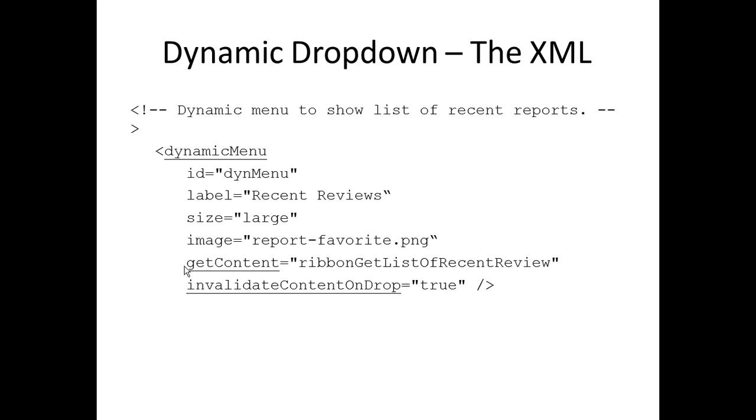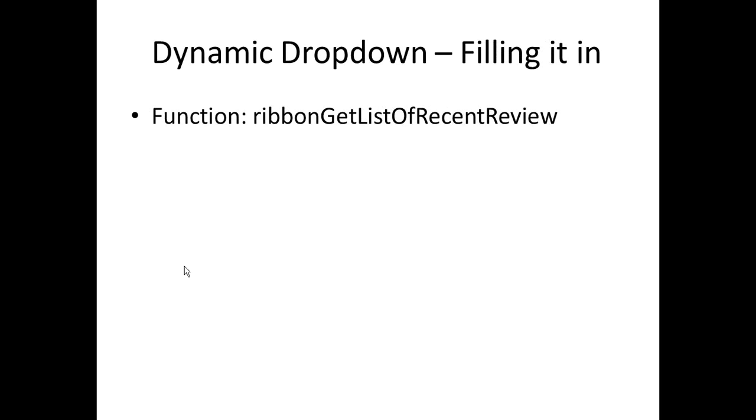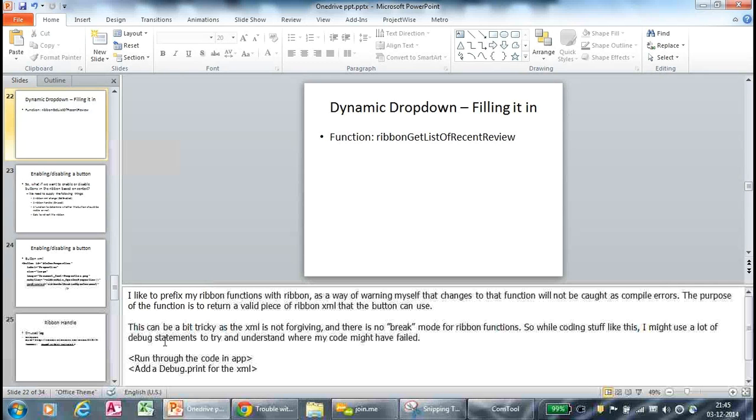So let's go look at the function to fill in the menu. I have this function called ribbon get list of recent reviews. I like to prefix my ribbon functions with ribbon. That's a way of warning myself that changes to this function will not be caught as compile errors.